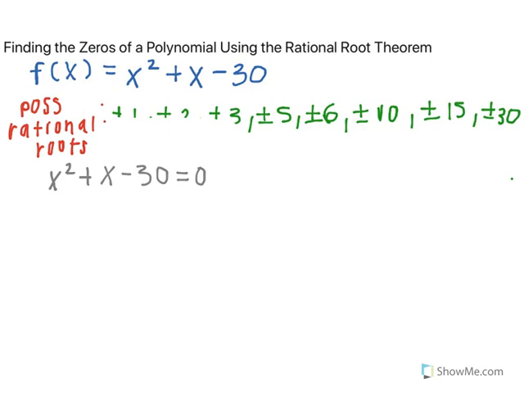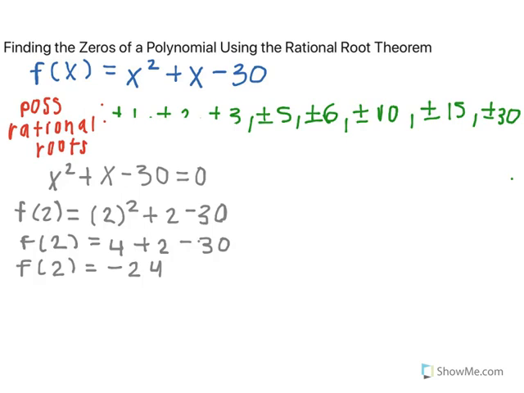Let's start off by checking if f of 1 equals 0. F of 1 would be 1 squared plus 1 minus 30. So f of 1 would equal negative 28. And obviously, negative 28 does not equal 0, so 1 is not a root of this equation.